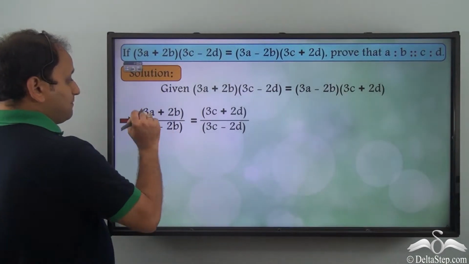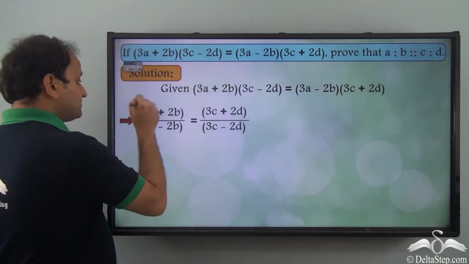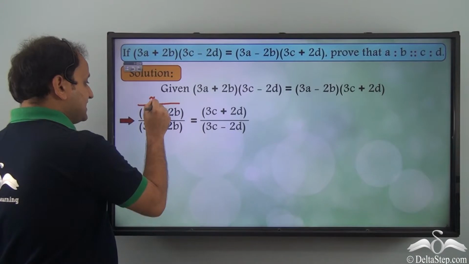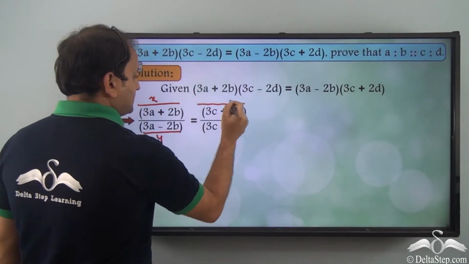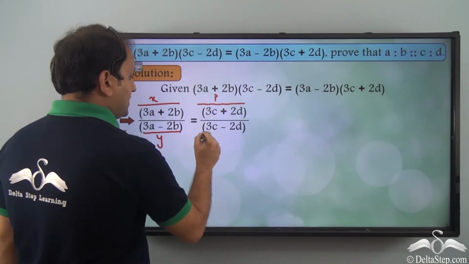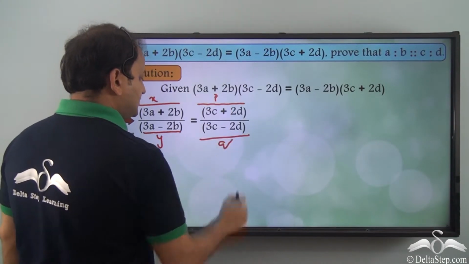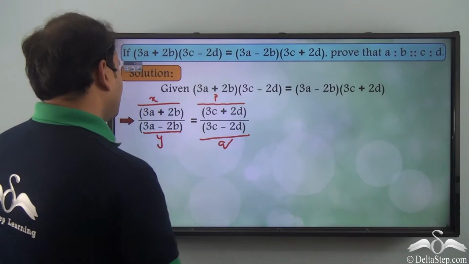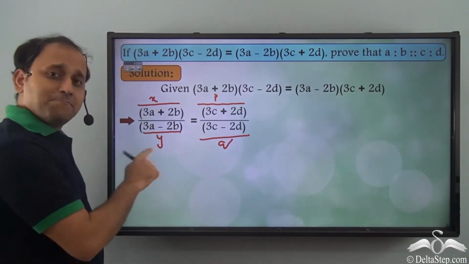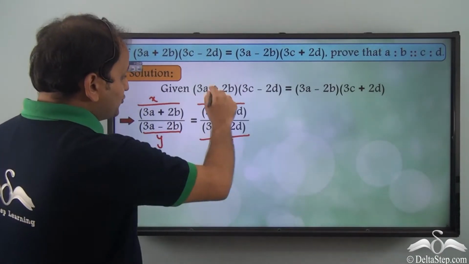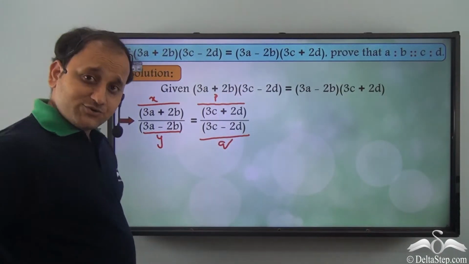If we consider this as x, this is y, this as p, and this as q, then componendo dividendo states that we'll have (x plus y) by (x minus y) is equal to (p plus q) by (p minus q).